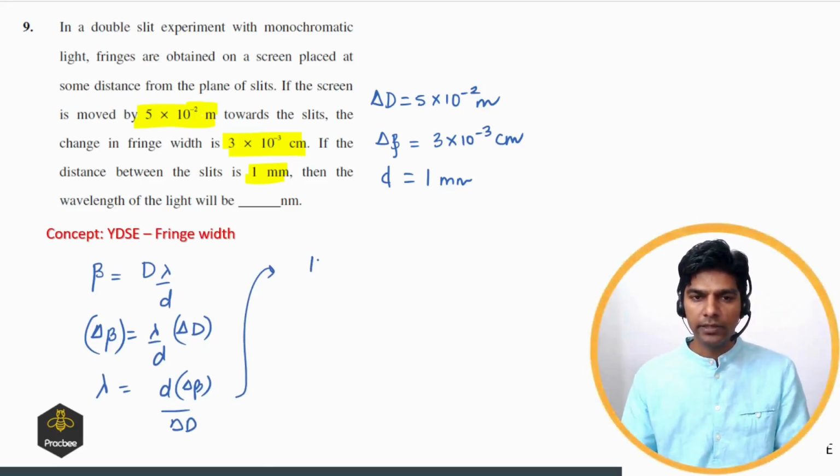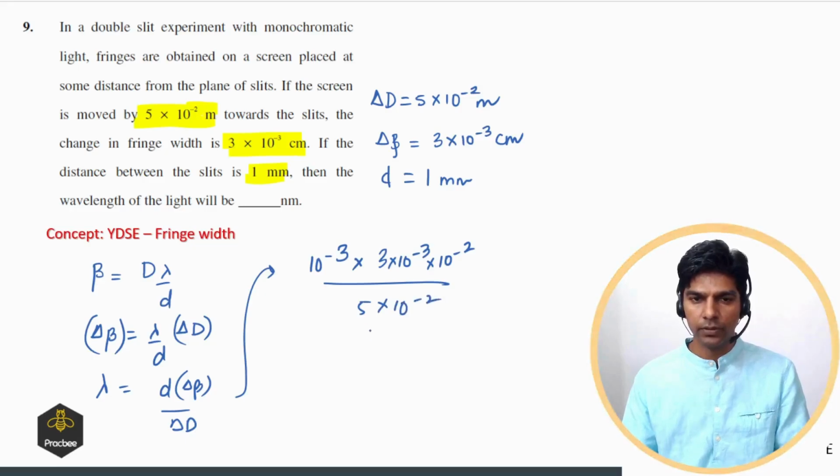Small d is 10 raised to power minus 3, I have converted this into meters. And delta beta is 3 into 10 raised to power minus 3 times 10 raised to power minus 2, again in meters, divided by delta D, which is 5 into 10 raised to power minus 2.